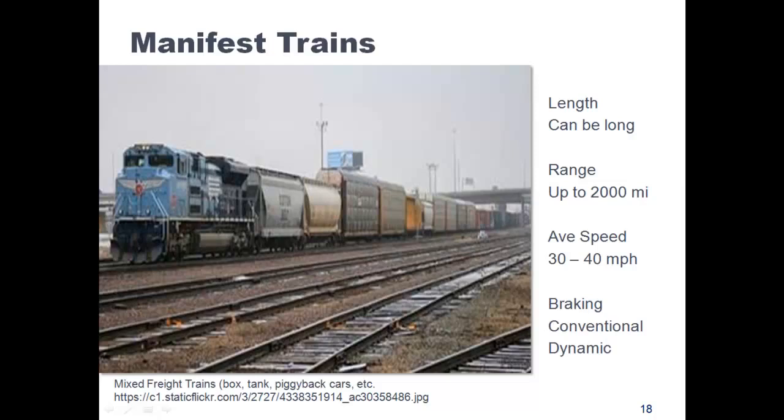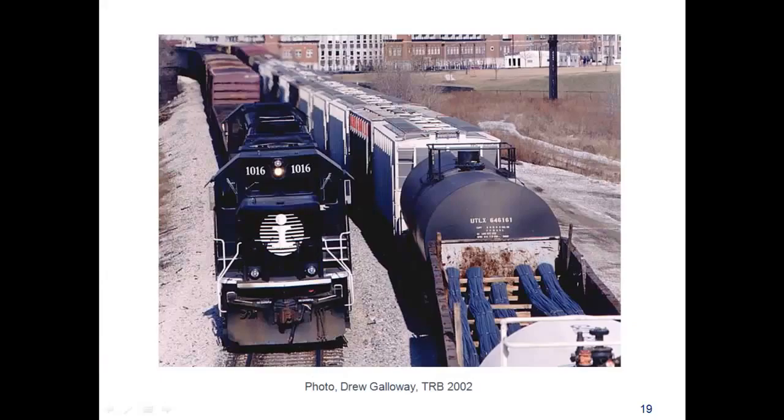Do these trains pick up cars on the main line? No, they will typically pick up cars at local distribution yards, which may be separated by 50, 150 miles. And these groups of cars have been aggregated by local freight trains. Manifest trains typically travel at an average speed of 30 to 40 miles an hour, with a maximum being about 60.